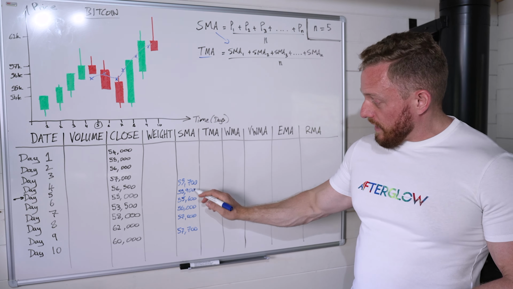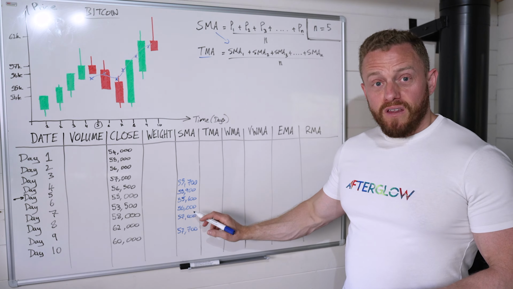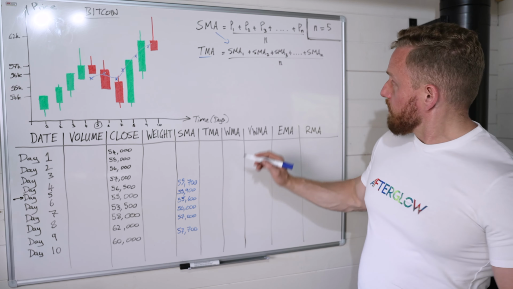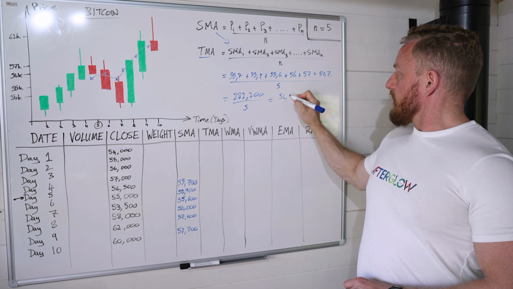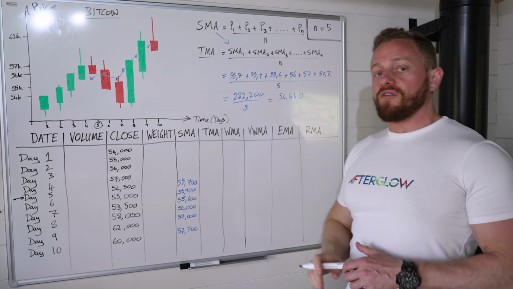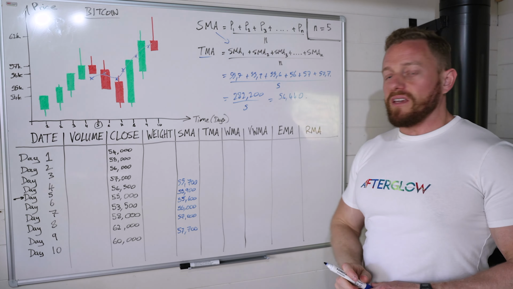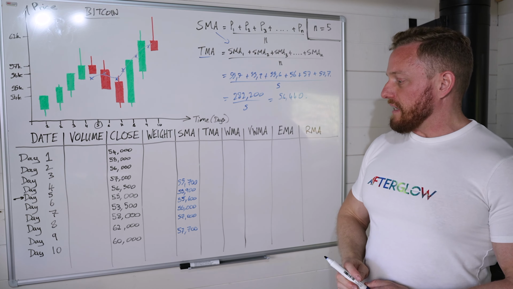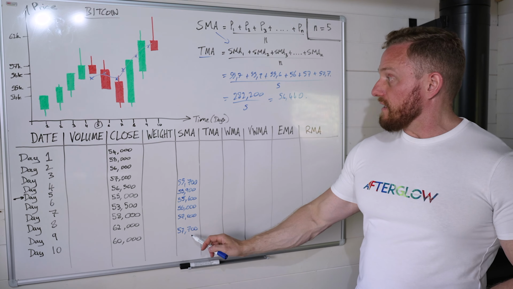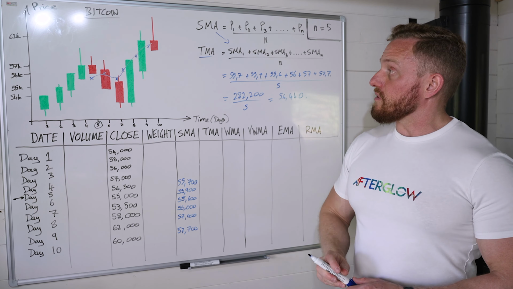So if we add up all of those, then that comes to 56,440. So that is the TMA value on day 10 for this chart.